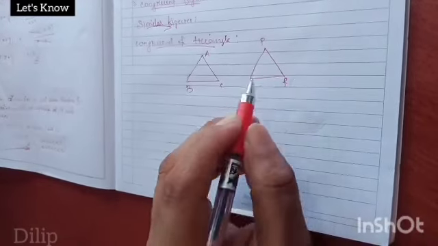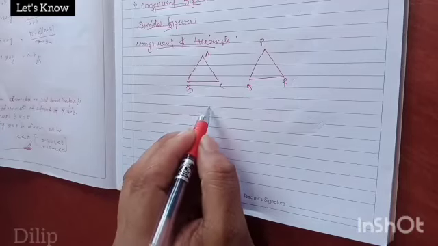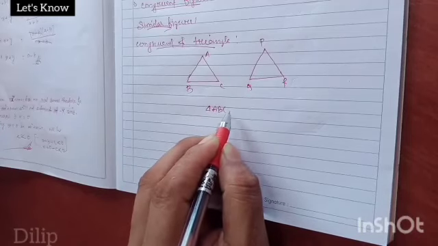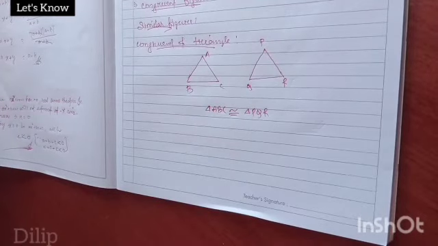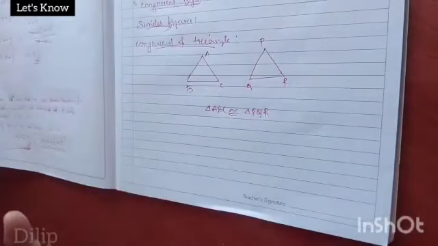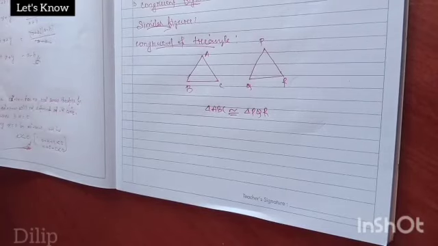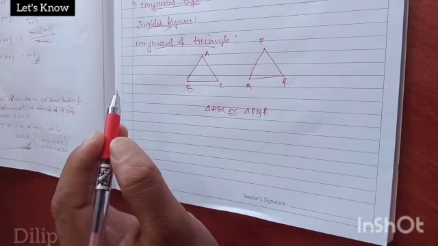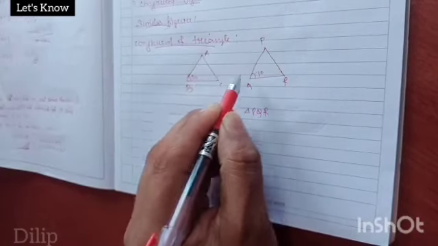Then triangle ABC is congruent to triangle PQR when we can prove that corresponding angles and corresponding sides are equal in all respects. In this example, suppose you take 30 degrees, then this will also be 30 degrees.